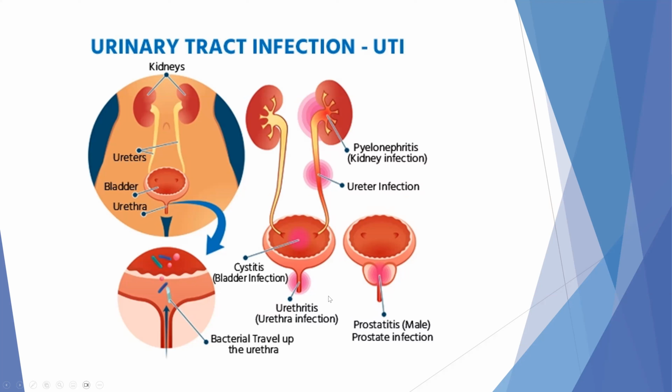Generally, that means that it's been caught early. In males, the infection can go down the urethra to where the prostate is and actually cause prostatitis. And then the ureters would be involved, making it an upper UTI, and then pyelonephritis, which means it's in the kidney.